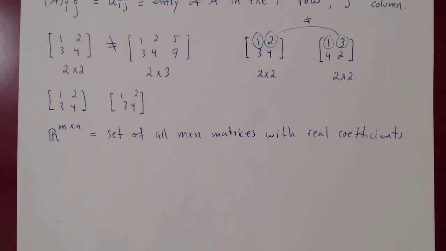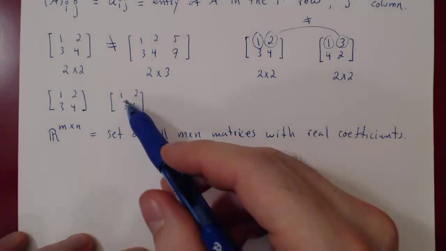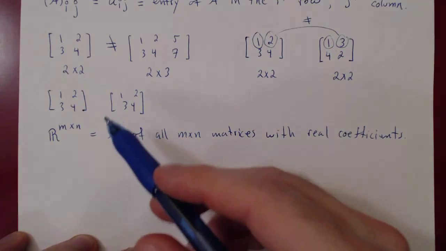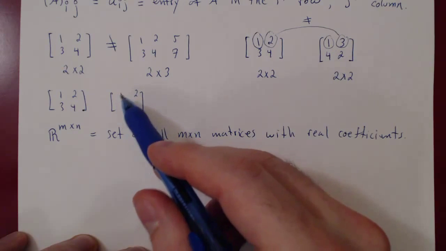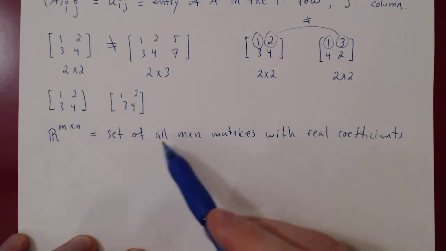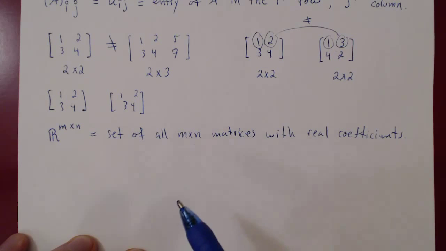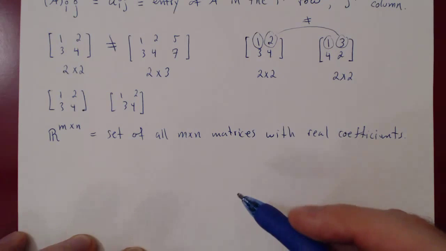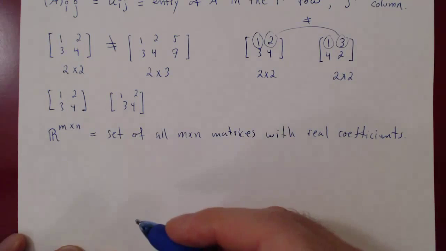As we will see later, it is possible to have slightly weirder coefficients in the matrix, but for now, we will only consider real numbers as our coefficients. So R^(m by n) is the set of all m by n matrices, so m and n are fixed, with real coefficients. So now, suppose we have two matrices.